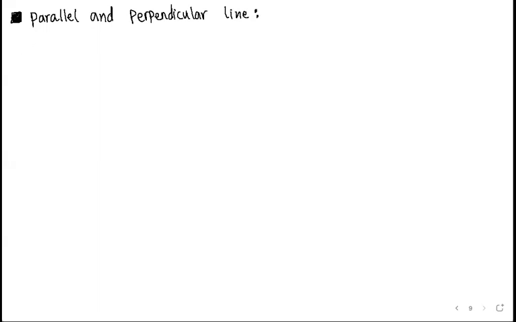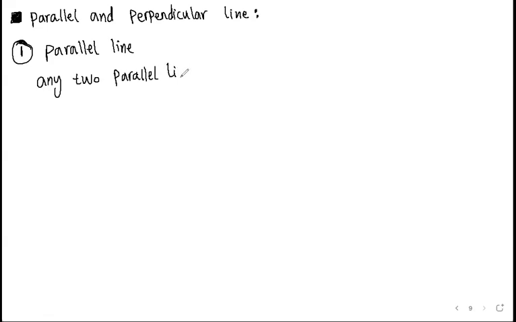First, we have to know that if I have any two parallel lines, then both of them have the same slope.